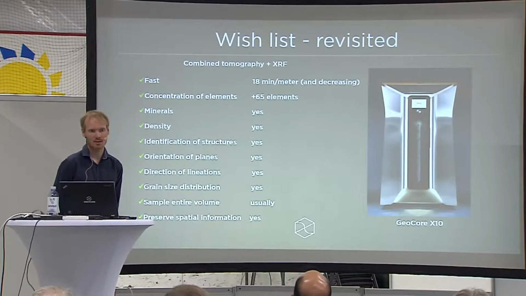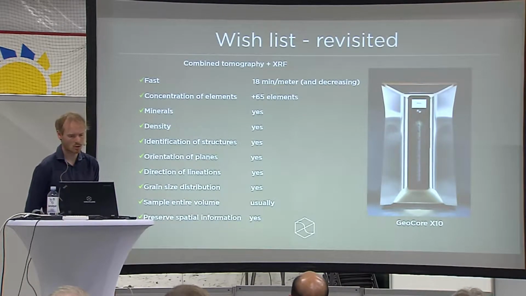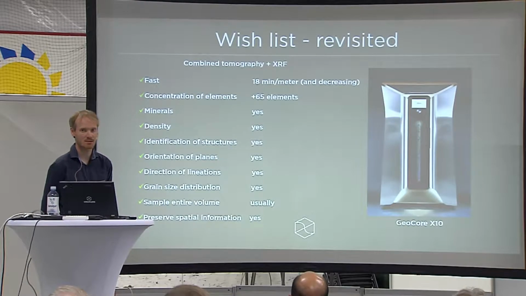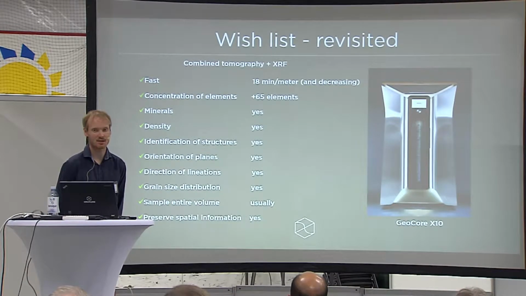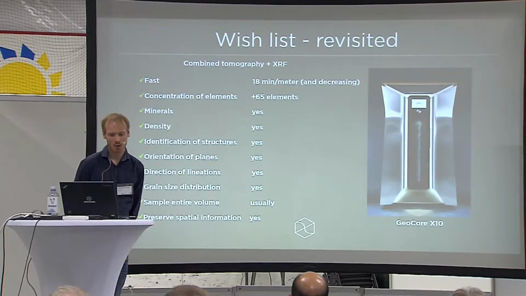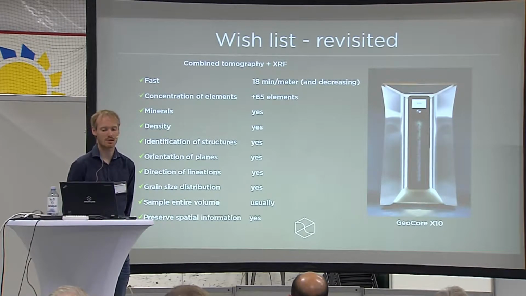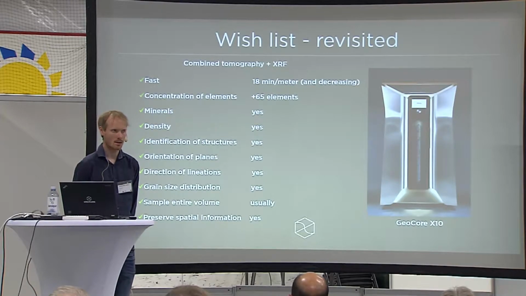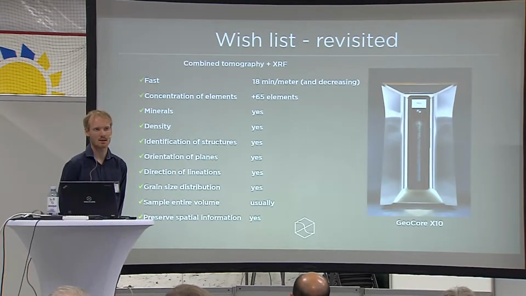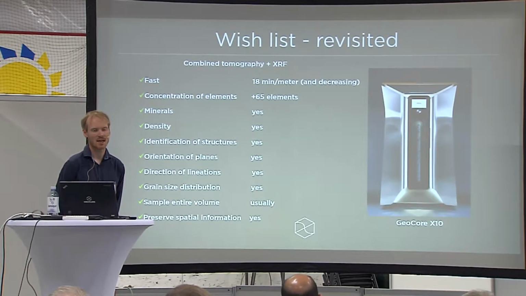As we've seen in this talk, you can identify structures, both manually and automatically. You can also measure the orientation of planes and the direction of lineations. Moreover, you can get the grain size distribution. These scans typically scan the entire volume of the material.